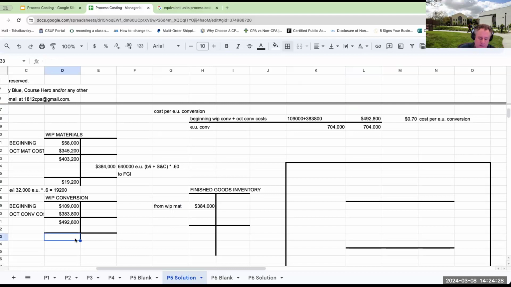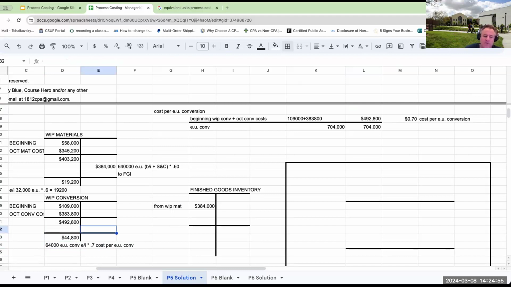If I take 64,000 equivalent units conversion as my ending inventory and multiply that by my cost per equivalent unit for conversion, I'm going to get 44,800.